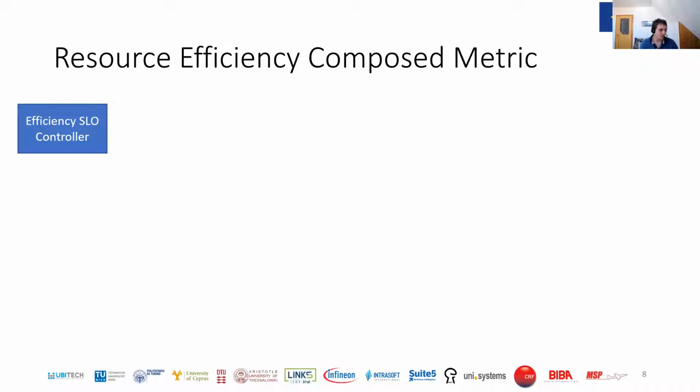And so we start out with an efficiency SLO controller, and this controller, of course, once it has been applied to a workload, needs to get the efficiency of this target workload. We have an abstraction that we call a metric source, which is supposed to do that.